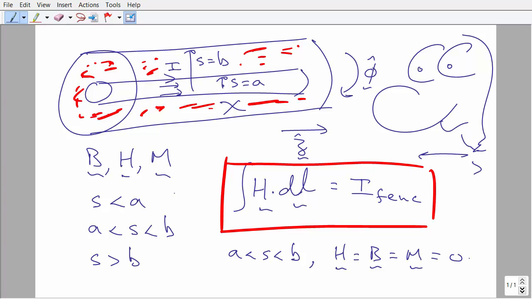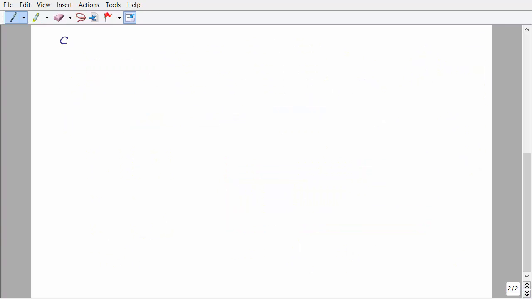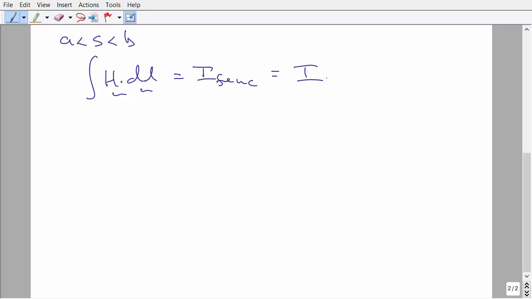Let's now go to the more interesting case where we're going to look between the two conductors. In that case, the integral of H dot dl is non-zero because the free current is non-zero. In fact, the free current enclosed is going to be I, the current we're putting down the inside conductor.